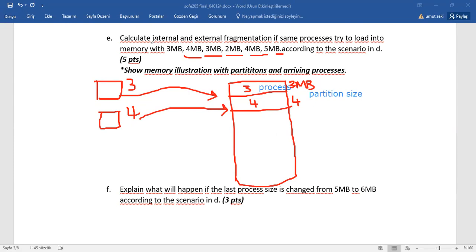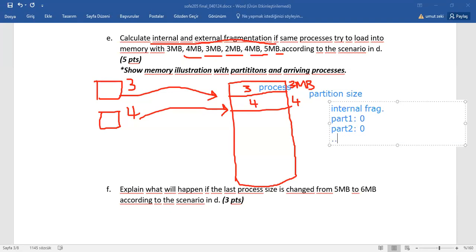While we need to calculate the internal and external fragmentation in this situation, it will be 0. Why? Because when we calculate internal fragmentation, partition 1 is 0. Partition 2 is 0. Can you tell me why it is 0 before we continue?